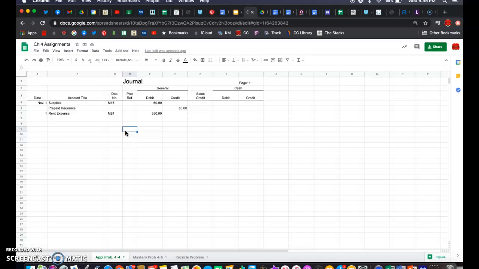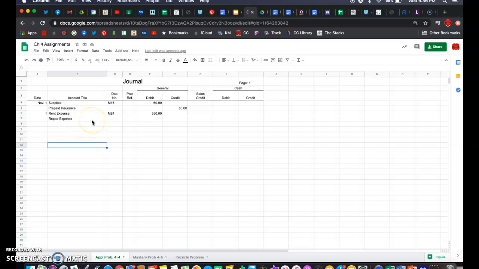But I started to say that whenever you have a transaction that says paid cash for rent or paid cash for miscellaneous or paid cash for repair, when you use an expense, expenses are always debits. That's kind of a rule. But this is going to be the one time that we're going to go against our rule, because what happened is that we accidentally put an amount into repair expense and it shouldn't be in there.